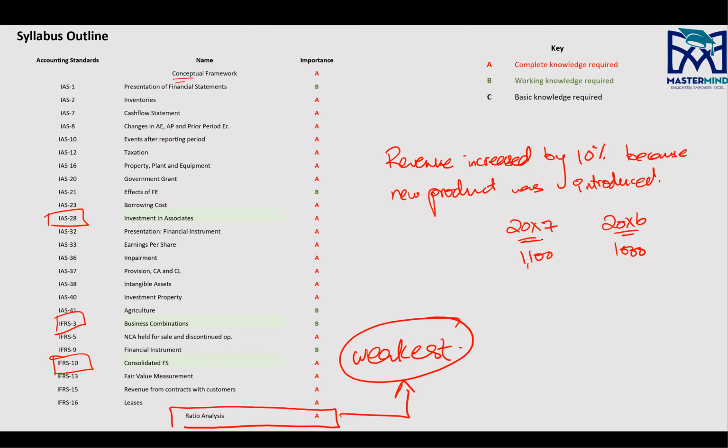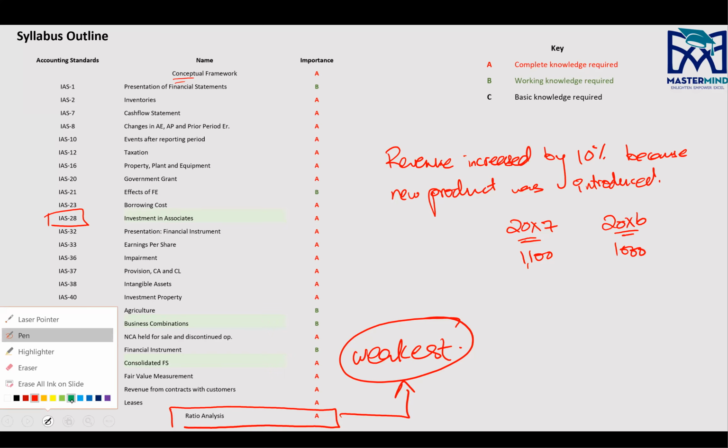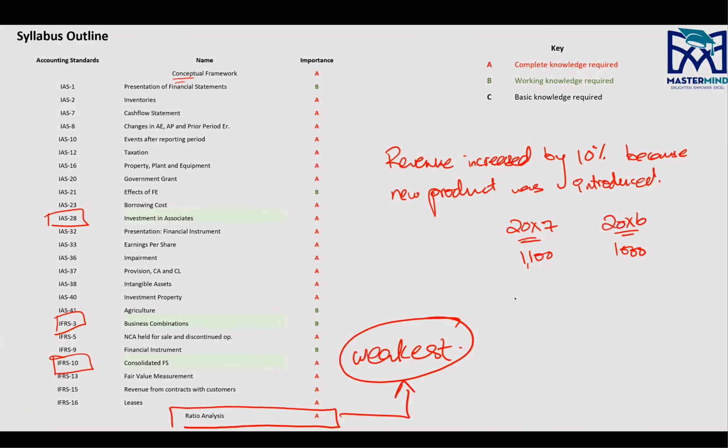But when you go down the line, you might see that the profitability has decreased, even though the revenue increased by 10%. Obviously I'm assuming, this is just an example. Let's say the profitability decreased by 8%.